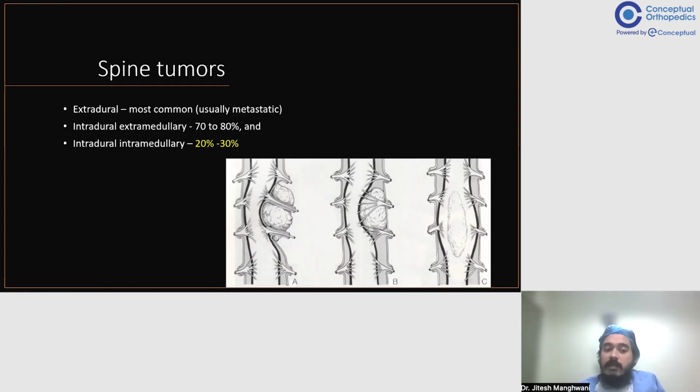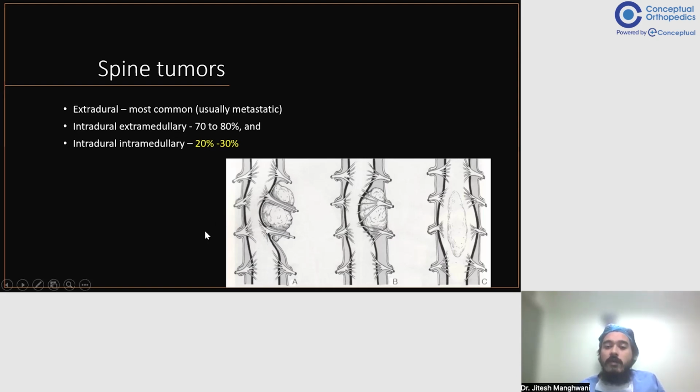Now, the second type is the intradural, which can be further divided into either being intramedullary or extramedullary. So out of these two, intradural extramedullary is more common as compared to intradural intramedullary.